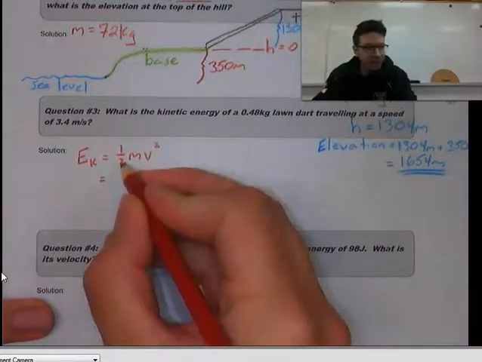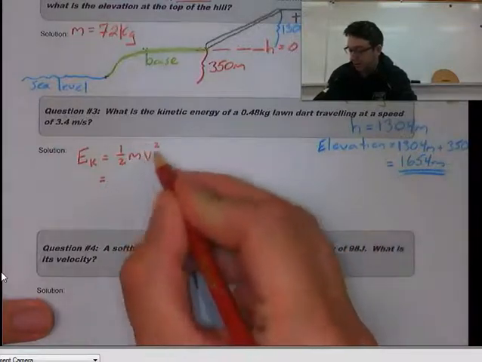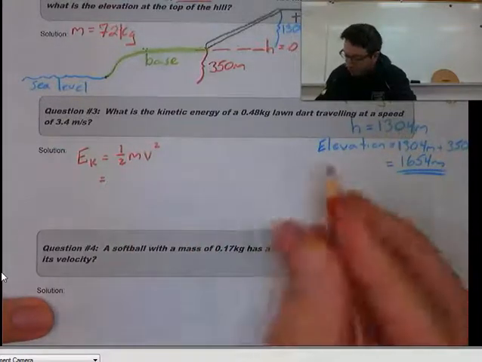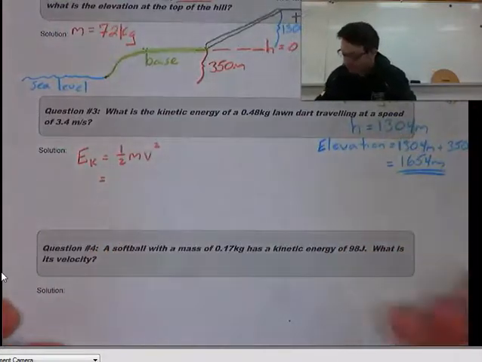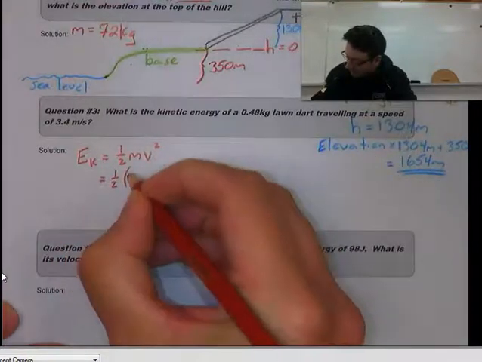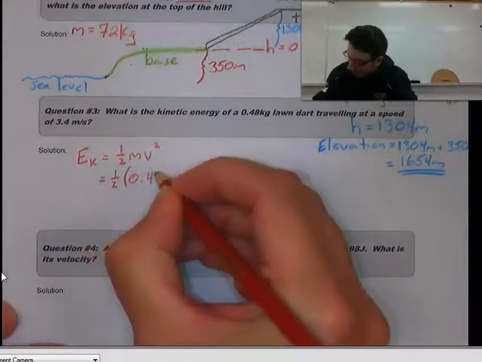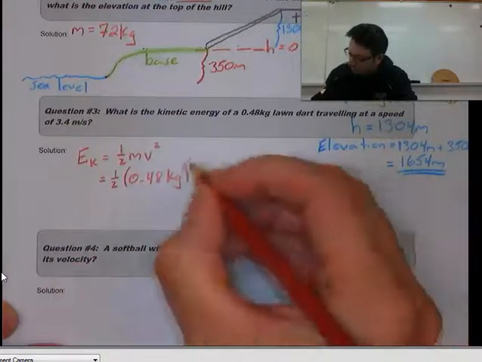You can think of 1/2 as 0.5 if you punch it into your calculator, or you can just divide mv squared by 2. Your choice how you want to do it, or if you have a fancy calculator with those fractions, that works too. So here we have 1/2, our mass is 0.48 kilograms, and our speed is 3.4 meters per second.